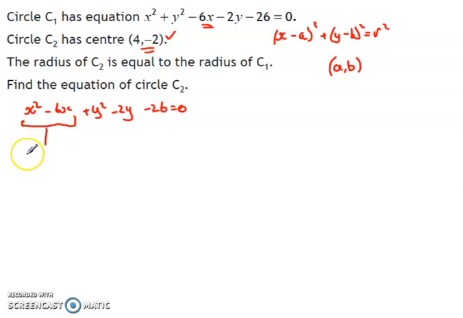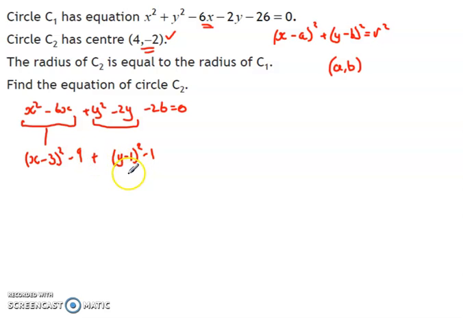So I'm going to factorise this and write it as x minus 3 squared, but then I'm going to correct it because if I was to multiply out this bracket, I'd get an extra plus 9. So I'm then going to take away 9 from that. I'm going to do the same thing with the y squared minus 2y. And I'll get y minus 1 all squared, but then I'm going to take away 1 again to correct for the extra 1 that would come out when I multiplied out the bracket.